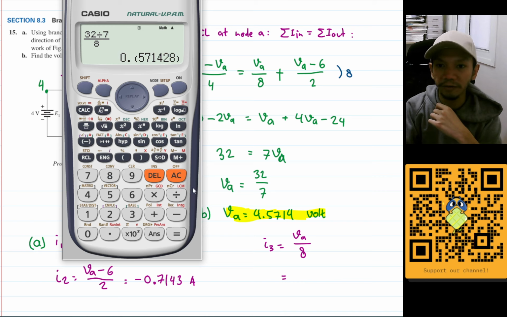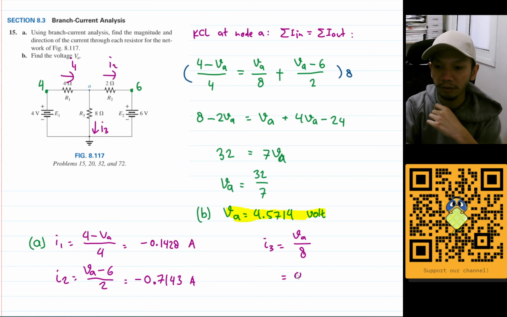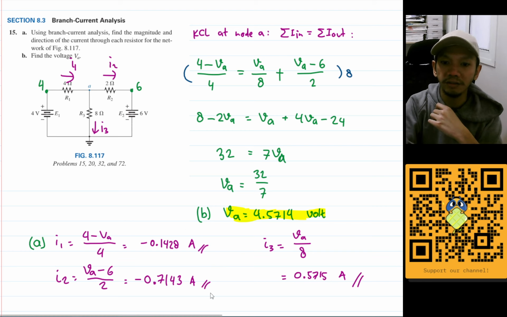That is 4/7 or 0.5715. So these are the currents I1, I2, and I3. And the direction is to the left. This is also to the left. And this is going down.